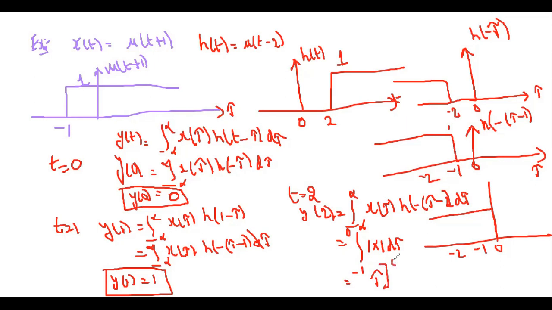With upper limit 0 and lower limit minus 1, the value is minus of minus 1, which is 1. So y of 2 is also 1.